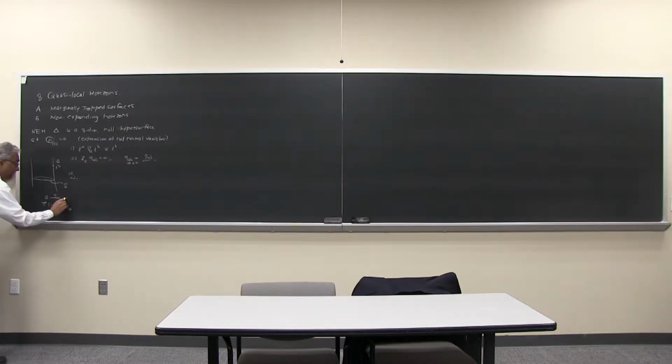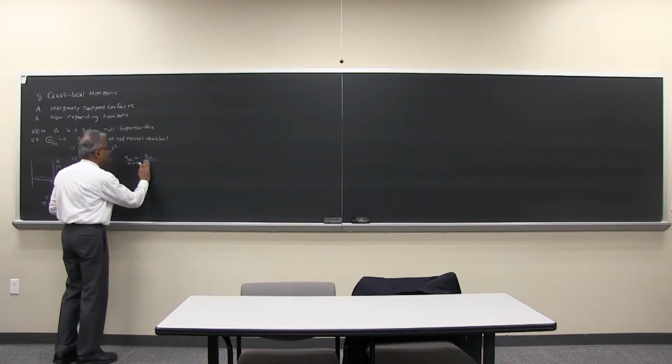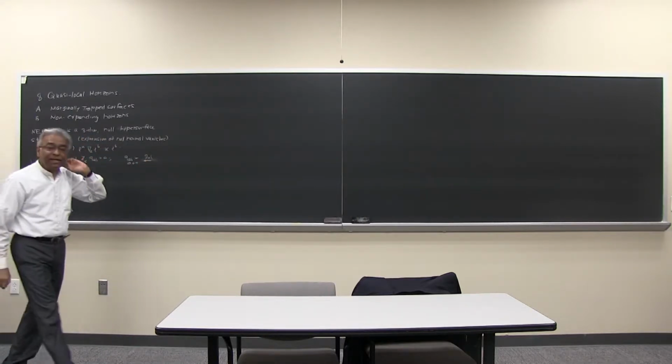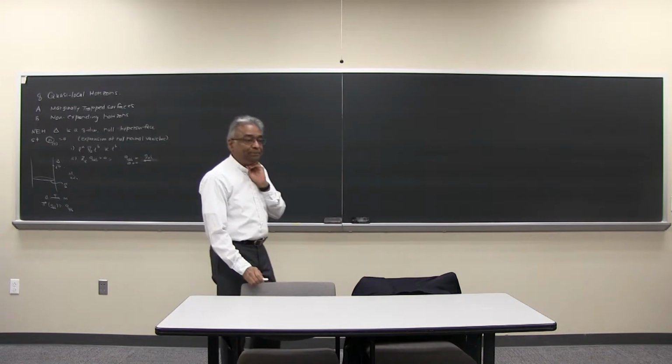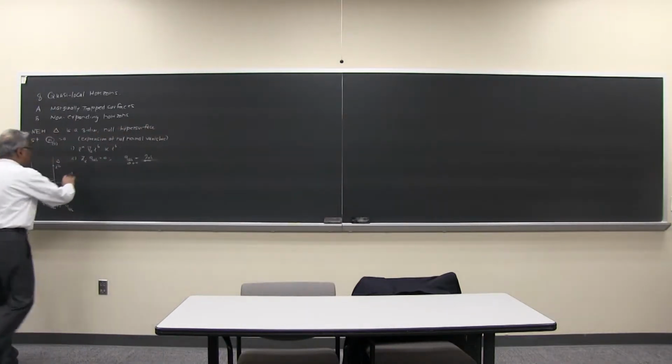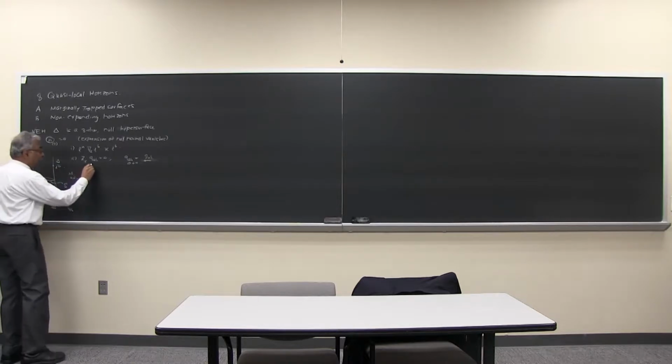So you're pulling back g_ab from M to delta, and what you get is q_ab. We don't need the pi and so on, so it's understood that this is the pullback. Okay, so this is where we were. Any other questions? No, okay. So what we saw was that this is a notion of equilibrium, one notion of equilibrium.